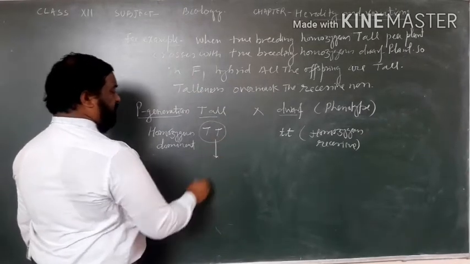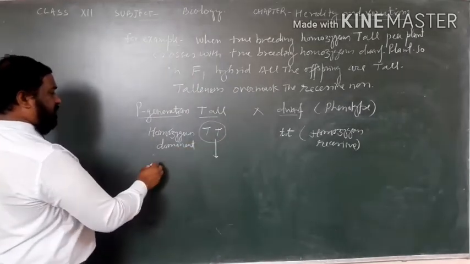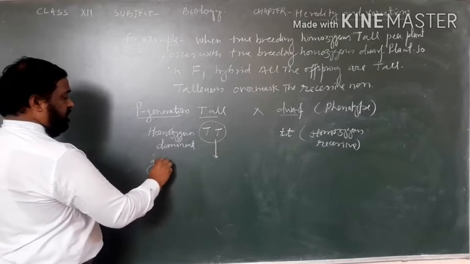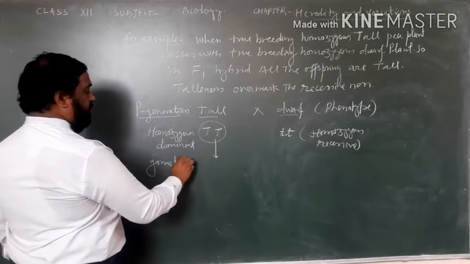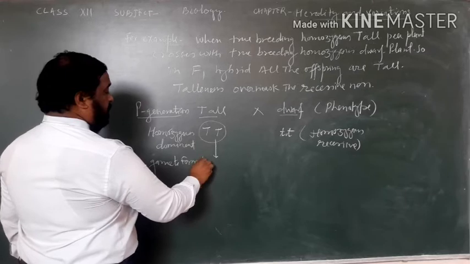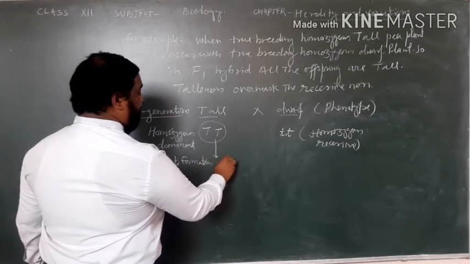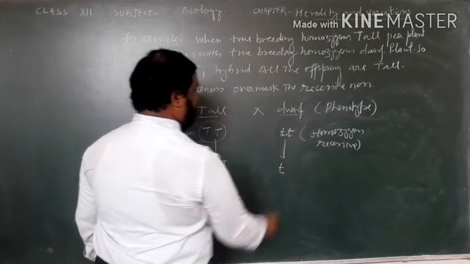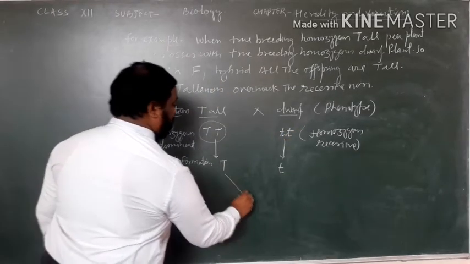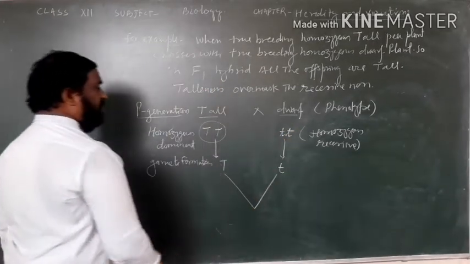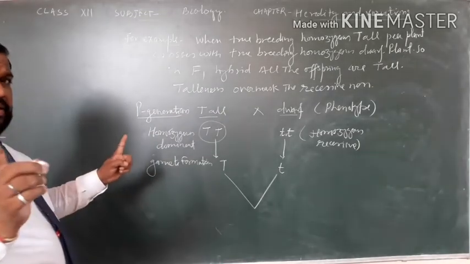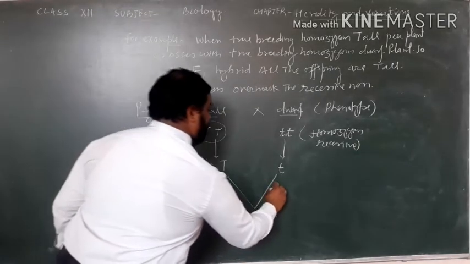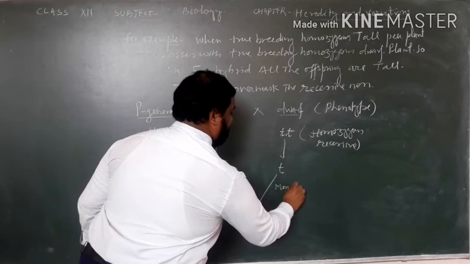Now gamete formation means half of the chromosomes. Gamete formation: capital T from this side and small t from the dwarf side. Both are crossed together. So here is one pair of contrasting characters, so this is a monohybrid cross.